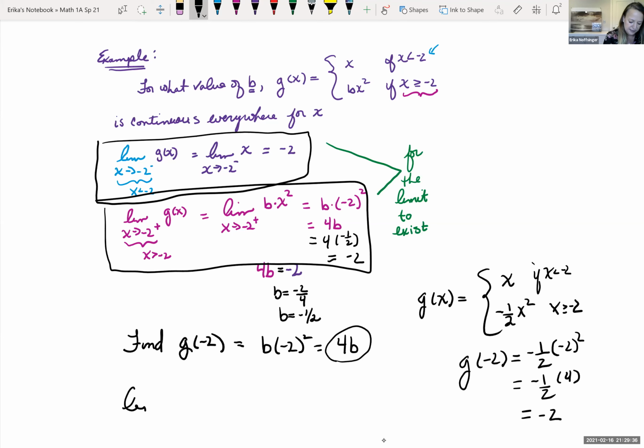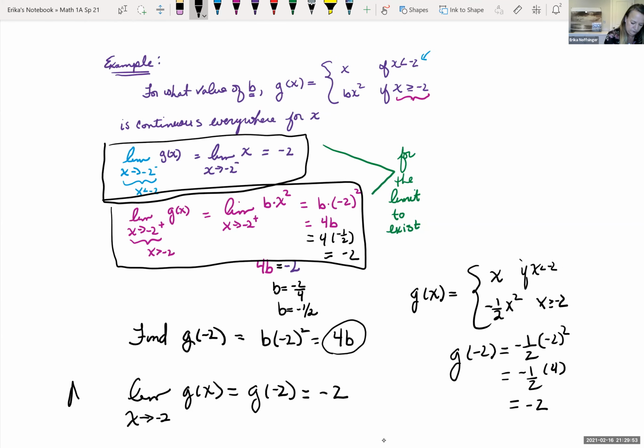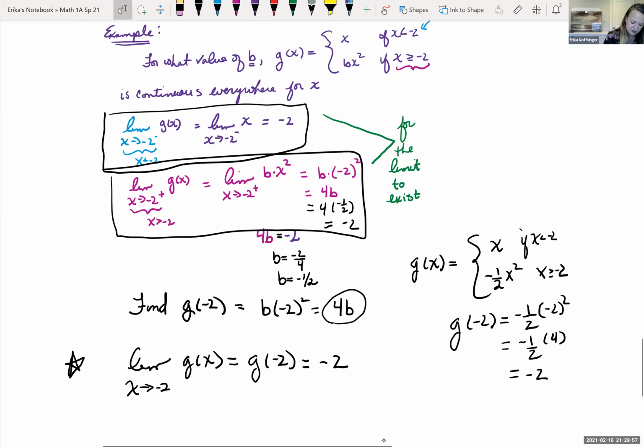We showed the limit exists, and it equals g of -2, which equals -2 in this case. So therefore, it has to be continuous at x equals -2.